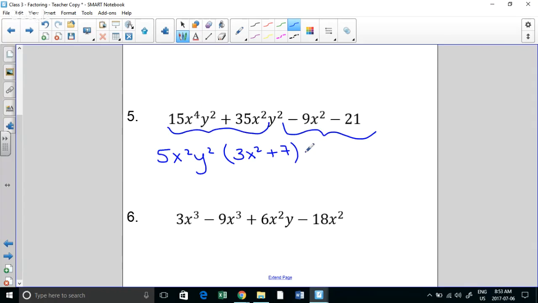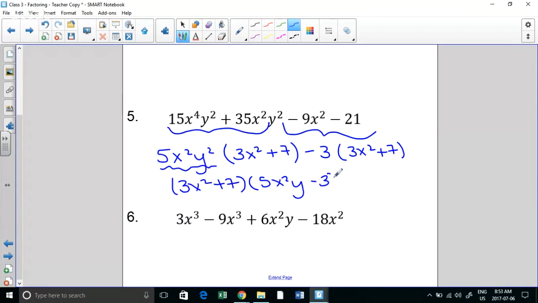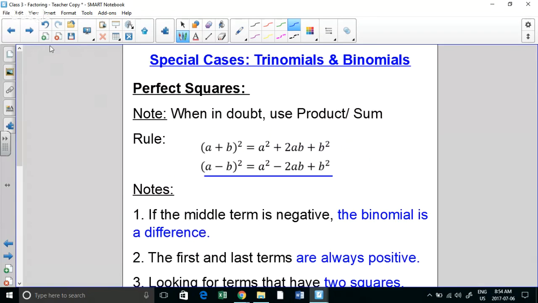And in this case, I could take a negative 3, leaving me with 3x squared plus 7. Then I regroup. I pull this one out of both, and in the second bracket, what I'm left with is 5x squared y and minus 3. So that was factoring by grouping. But in order to do it, we needed 4 different terms that we could work with. That was where we left off.